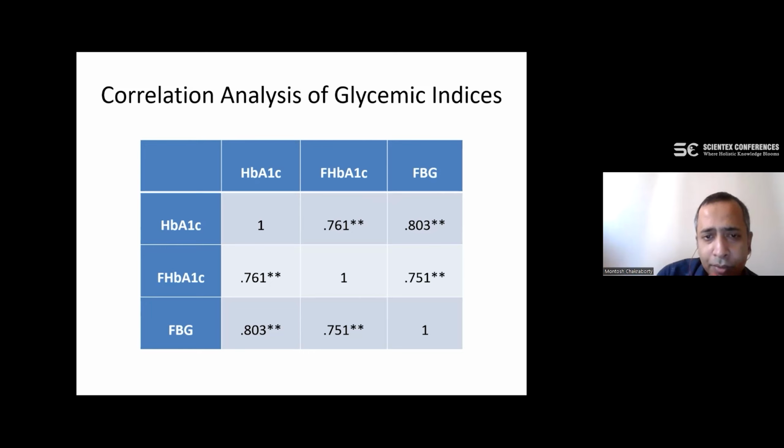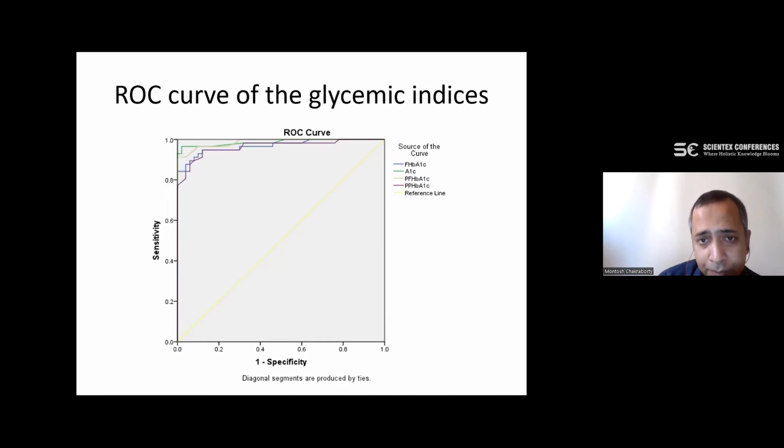With HbA1c it was 0.761, and with fasting blood glucose 0.751, although the rest were higher. But the logical explanation, with the purpose with which we have gone with the study, is that it also has a very high correlation value.